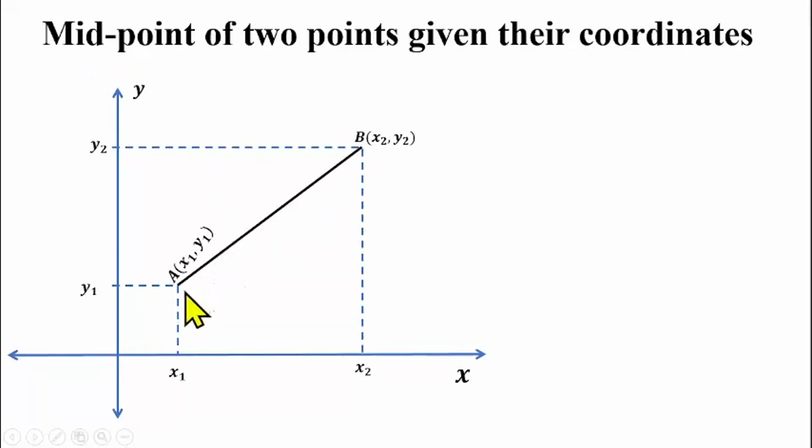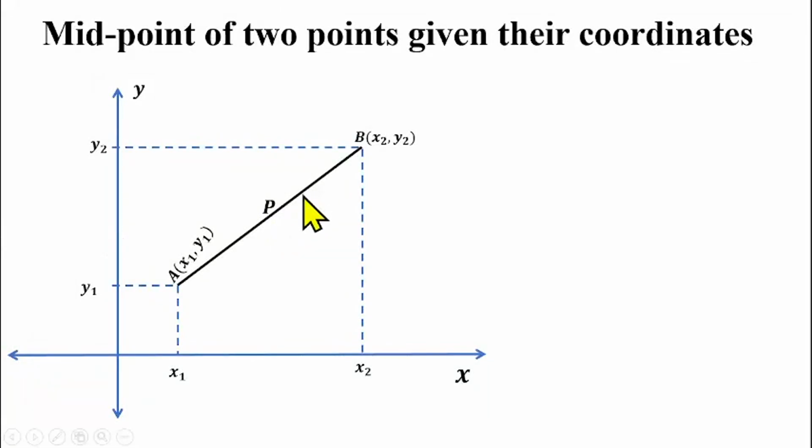We should be able to find the middle of point A and point B. That is what midpoint is saying. Don't forget that the 2 points are point A and point B, but we are looking for the midpoint, which is the middle of point A and point B. So assuming that the midpoint of A and B is P, we believe that this point P is going to have its own coordinates.